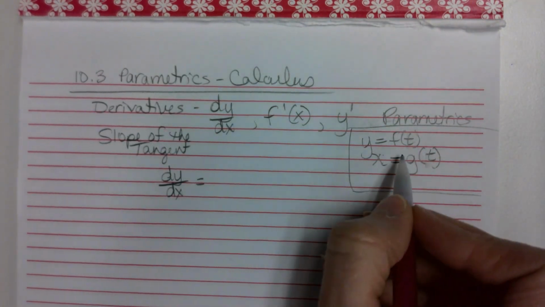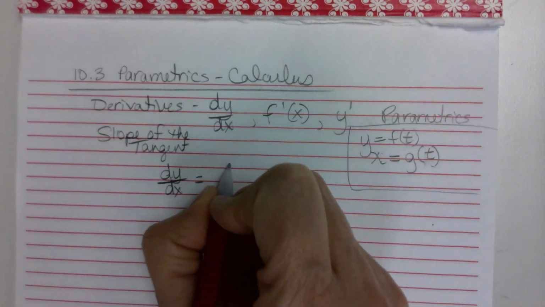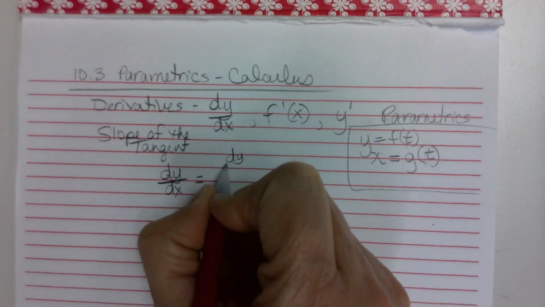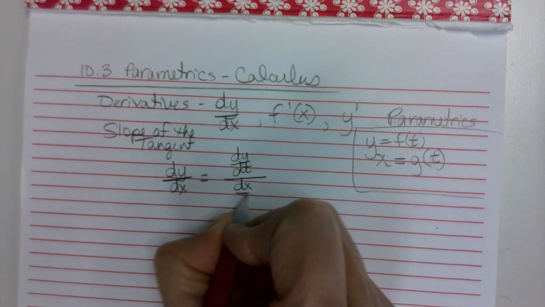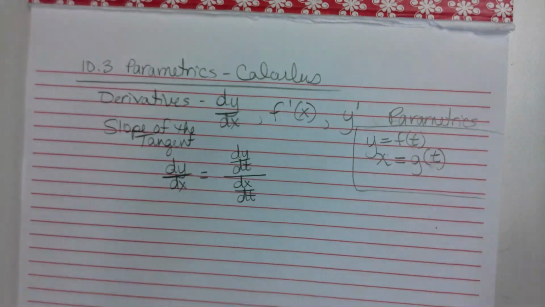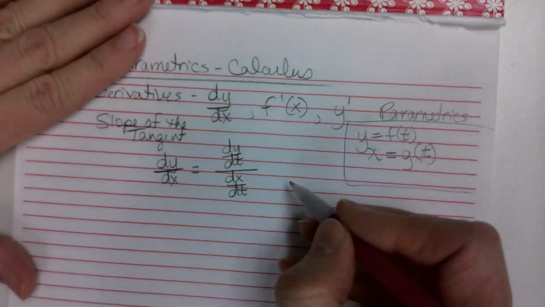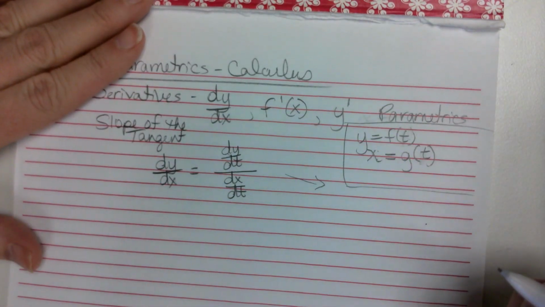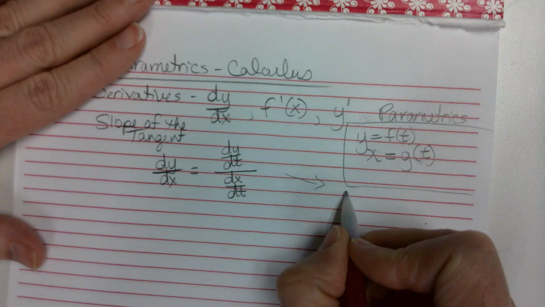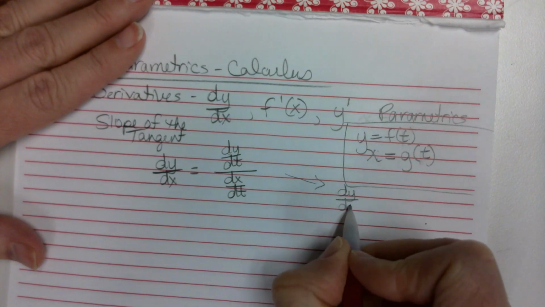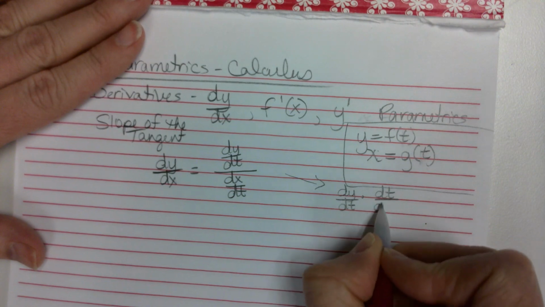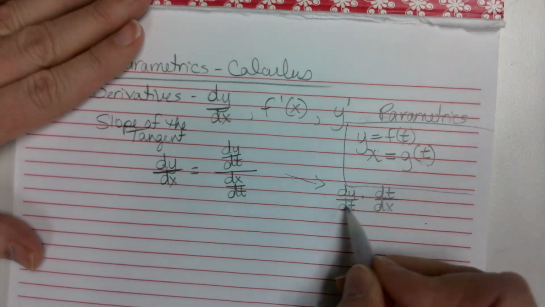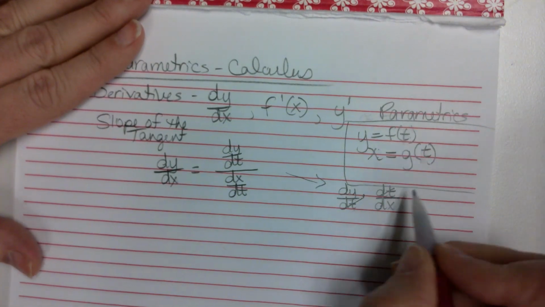Take the derivative of both and put them over top of each other. In other words, dy dt divided by dx dt. If we need a proof, what do we do with division? Flip it and make it multiplication, right? Look what happens to the dt's.